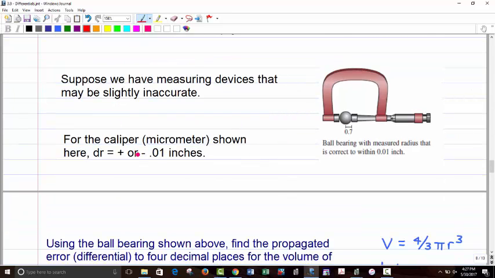All right, this caliper micrometer, suppose we're allowing for the possibility that it's off by, and it's telling us in the problem here, we didn't just make that up, say maybe plus and minus 0.01 of an inch.